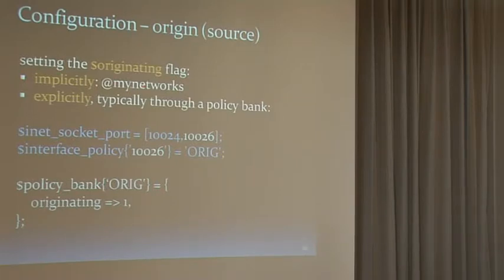This is what I already said. This flag is the only thing important. It is either turned on implicitly by the IP matching mynetworks, or explicitly. For example, here's an example of how to do it through a policy bank. You say, I have here a policy bank which is arbitrarily named originating. All it does is turn on this flag.